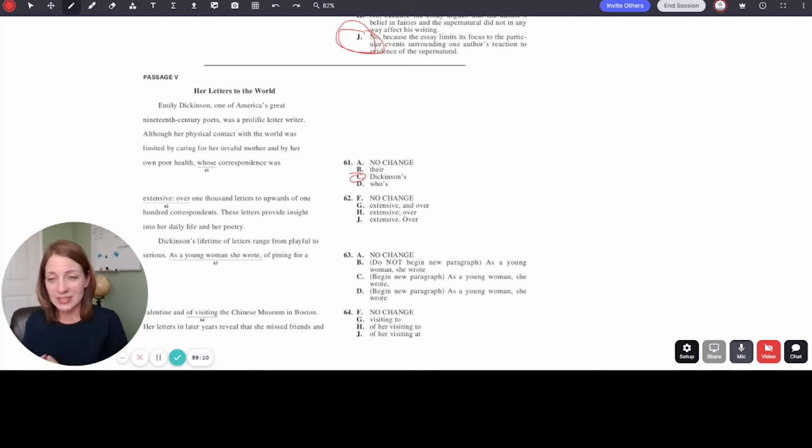Wow. That's interesting, because I used to think of her as a recluse, which I guess she was physically, but if she had over 100 correspondents, she's not as much of a loner as I've read. Anyway, I digress. Okay. By caring for her invalid mother and by her own poor health, Dickinson's correspondence.